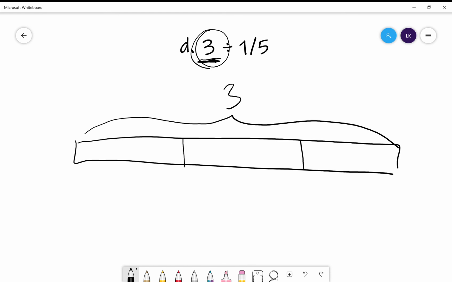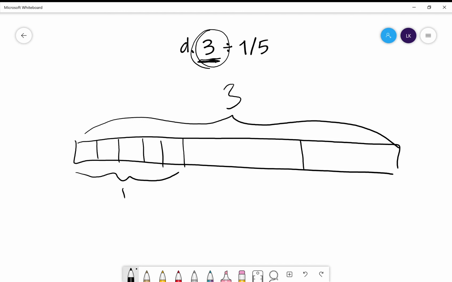Break it up into 3 parts. Each of these parts is equal to 1 whole. Now I'm going to divide each part into 5 different parts. So each whole is broken into 5 parts.